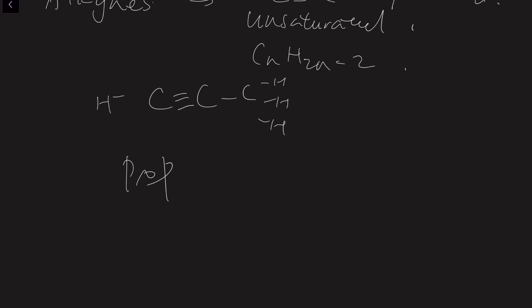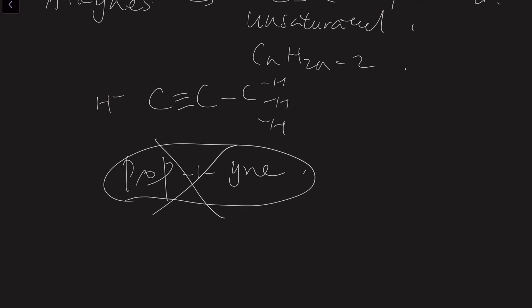And we want to ensure the number is as small as possible, so we really want to count from left to right. So it's prop 1, 1. But this naming is incorrect, because if the triple bond is here, it should still be called prop 1 YNE.